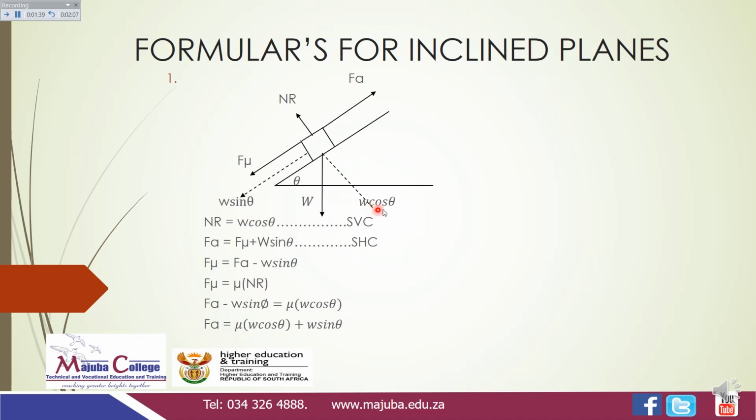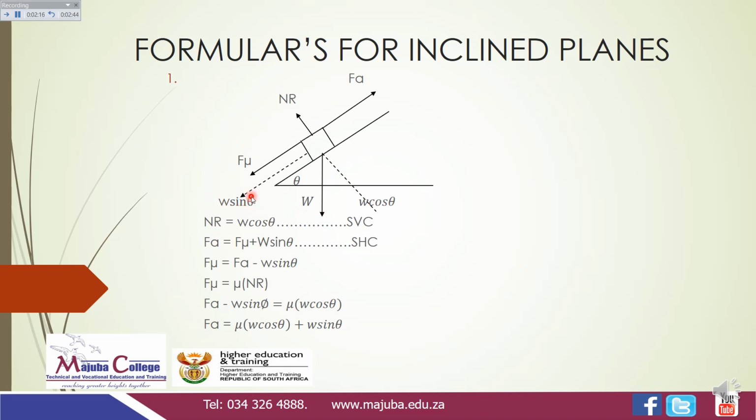So now that will be the cos of theta. So its magnitude will be W cos theta. So this means that your perpendicular weight component will be equal to W cos theta. For this side, which will be this one parallel to your inclined plane, this side will be opposite to your angle. So now the trig ratio that we'll be using, opposite and the hypotenuse side, will be sine theta. So the magnitude of this side will be W sin theta.